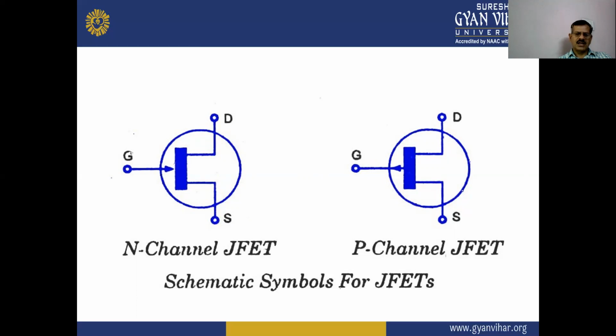In the N channel JFET, with gate, source and drain, the direction of the arrow in the gate is inside, but in the P channel the direction of the arrow in the gate is outside. So that is the main difference in the schematic symbols for the N channel JFET and P channel JFET.